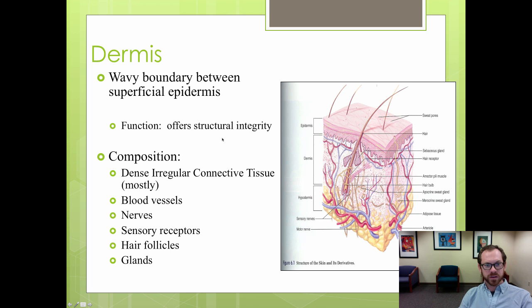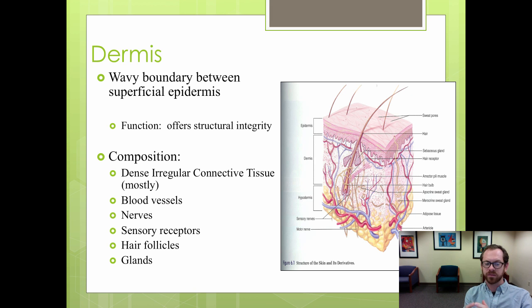The function of the dermis is going to offer structural integrity to your integument. Recall that the dermis is made up of dense, irregular connective tissue, and that allows your skin to be extremely flexible and tough.